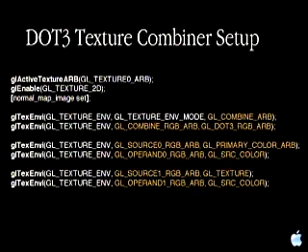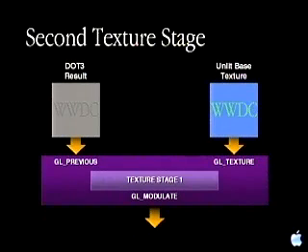The output of the dot 3 can either be a scalar value, alpha, or it can be an RGB. Here I set the output to be an RGB value. And then finally, I set the two operands of the operation. The result would be the grayscale output you see here for the dot 3 result.